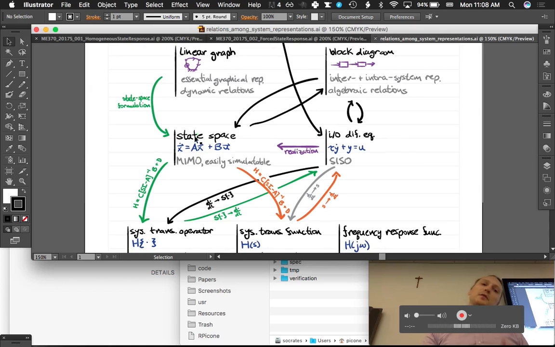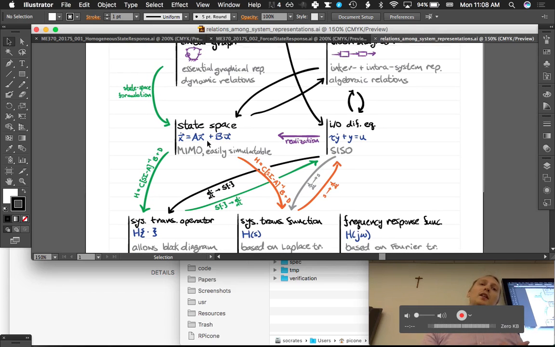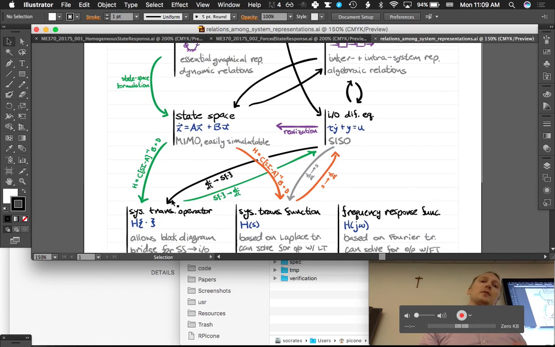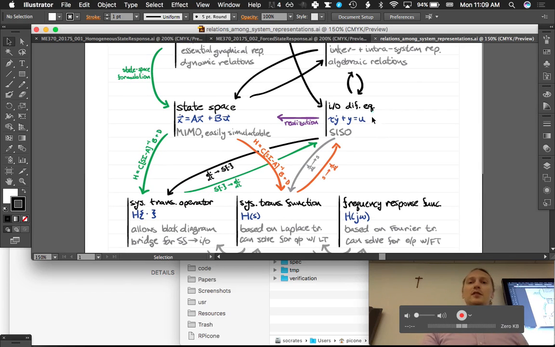And that state space representation, we learned how to simulate it pretty easily in MATLAB. We're going to do a lot more of that this semester. We learned how to transform that into a system transfer operator, and then into an input-output differential equation, right?